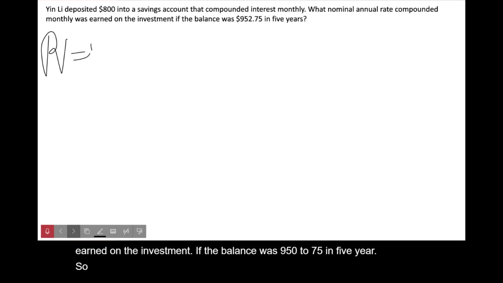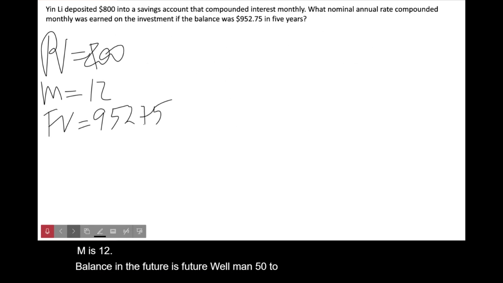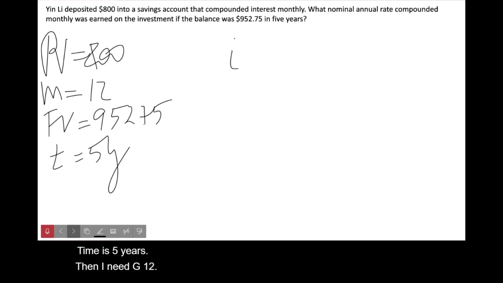So deposit 800, m is 12. Balance in the future is the future value 952.75. Time is 5 years, and I need j12.